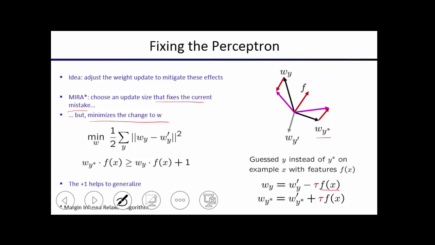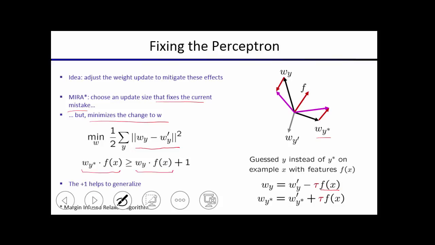What that would look like is you want to pick the weight update. We're only looking at a single weight update. You pick the weight update that minimizes the difference between the old weight vector and the new weight vector, such that for your current example, the correct activation is more than the incorrect activation.